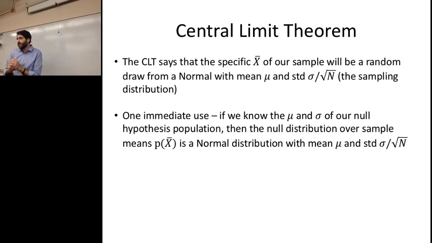That's one way to do this, but what the central limit theorem tells us is that we can just write down what this null sampling distribution looks like. We don't have to simulate it.